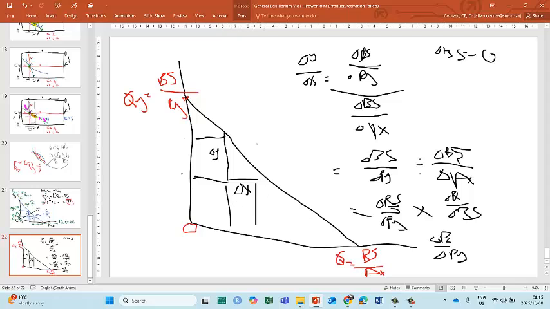Therefore we can say that the slope is really the price of x over the price of y. We've shown that now to be the case through this set of formulas and calculations. So now you can see how we are deriving the slope of my budget constraint, which is really the relative prices of x and y.